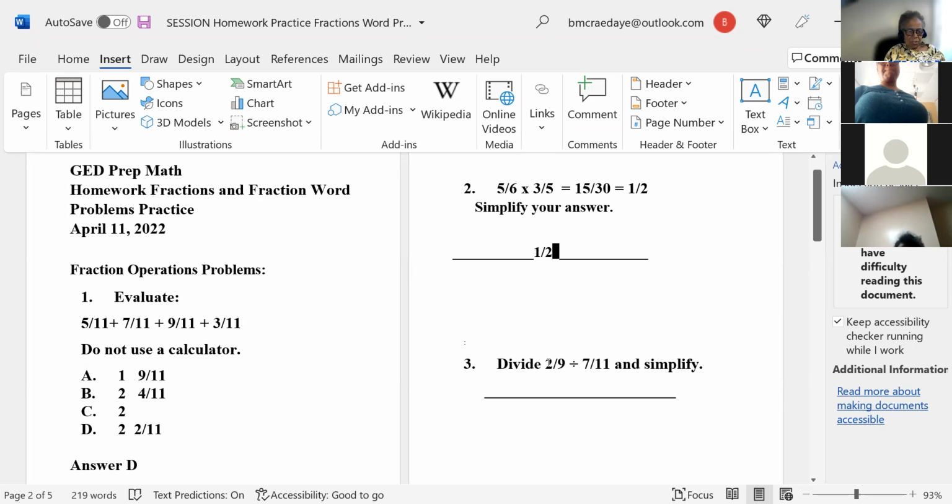You mean you changed the operator? Oh Lord, I changed the operator. From division to what? From division to multiplication. Okay. And then I flipped, so 11 upon 7 instead of 7 upon 11.